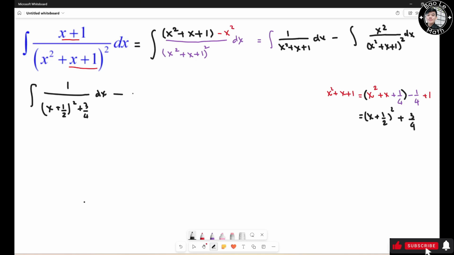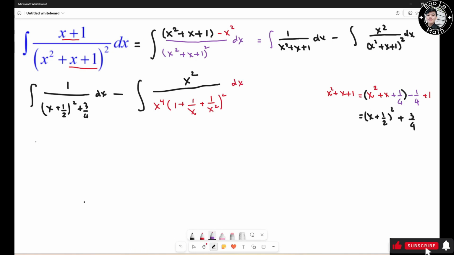Now, for the second one, I can factor the denominator. I factor s squared out of the denominator, and since you have a square, it turns out to be s to the power 4. Then it turns out to be 1 plus 1 over s plus 1 over s squared altogether square ds.